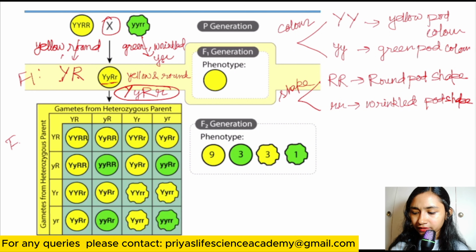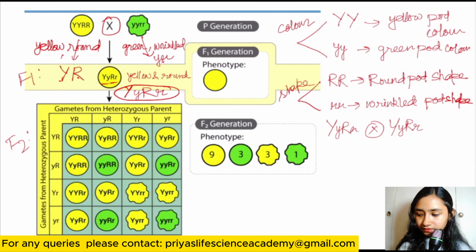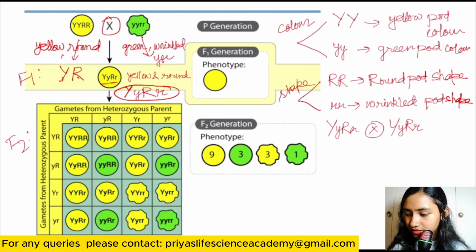Now in F2 generation, when capital Y, small y, capital R, small r are crossed with capital Y, small y, capital R, small r, we can get these offspring. So what will be the gametes?